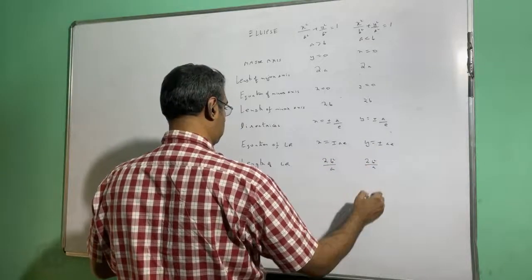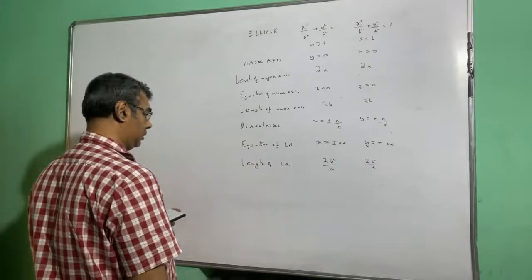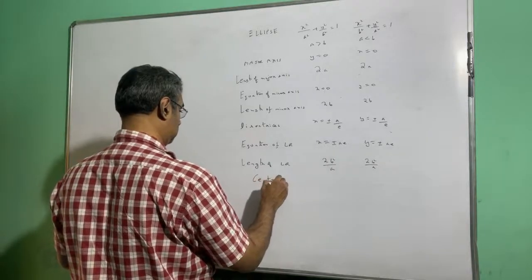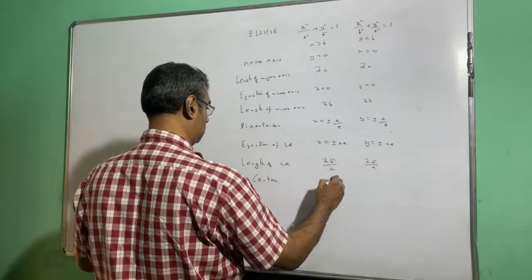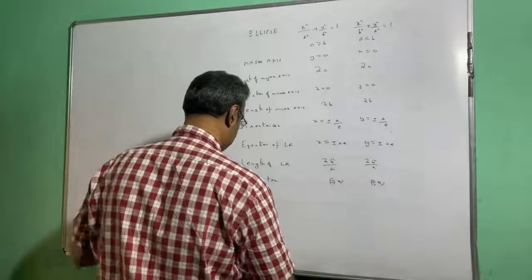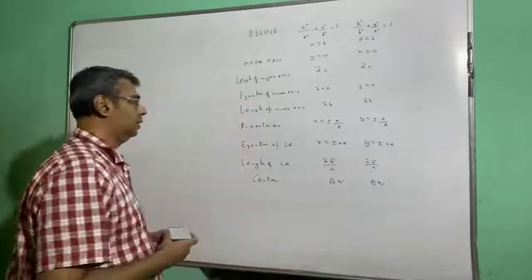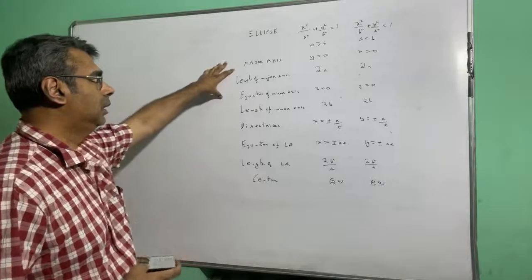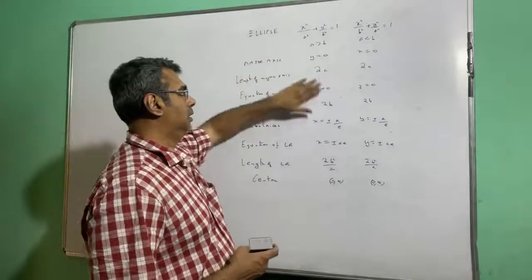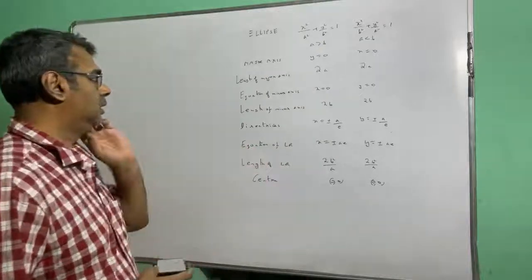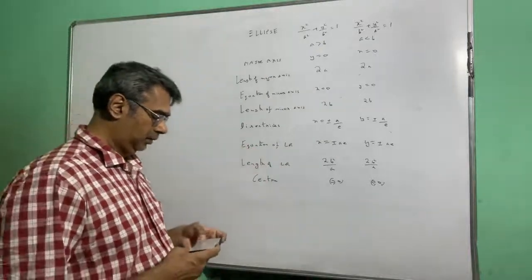And length of latus rectum is 2b square by a, and center will be 0, 0. So these are the basic formulas of ellipse. So this is the horizontal ellipse, this whole thing, and this whole thing is the vertical ellipse, and these are the basic formulas.